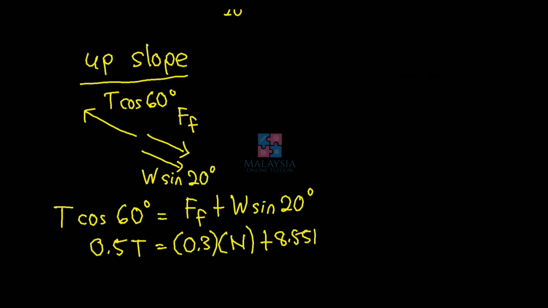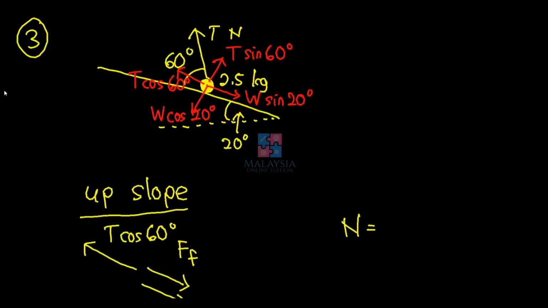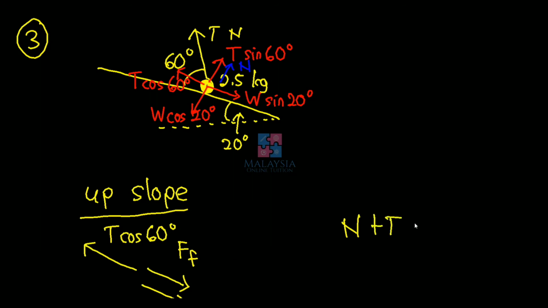So now we are going to do our normal force. If you look in the diagram, let me show you using maybe a blue color, this will be our normal force. The normal force will be in the same direction as T sine 60 degrees. So N plus T sine 60 degrees equals W cos 20.